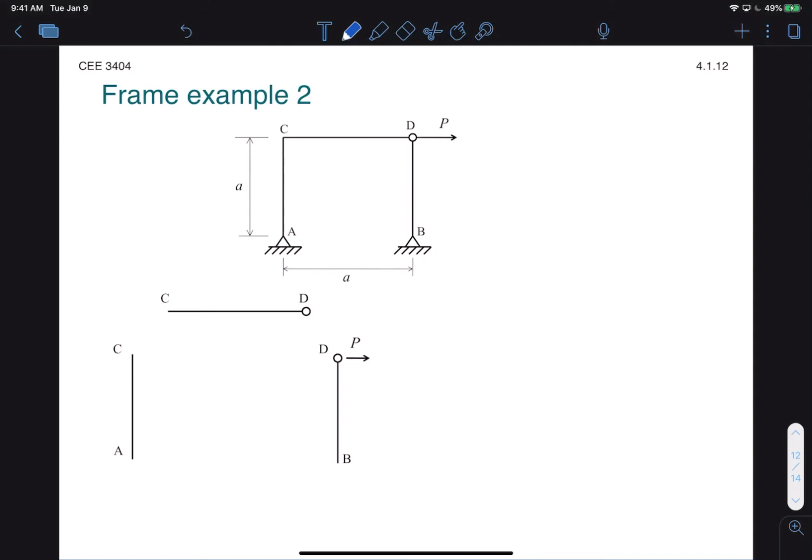Note that the way I've broken it out here, I've chosen to apply that load at point D for the beam DB. You could also choose to apply it to beam CD, like so. Either way, you're going to get the same overall result. So just pick something that makes the solution easier for you.